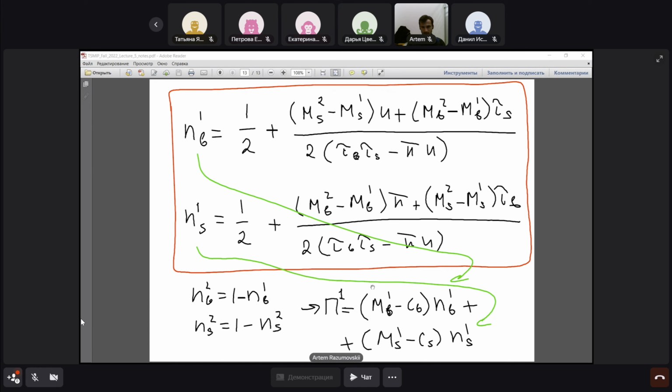Next step is to put everything into the profit of the firm and solve for the best response.